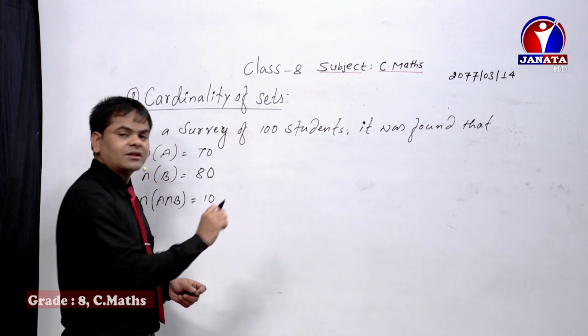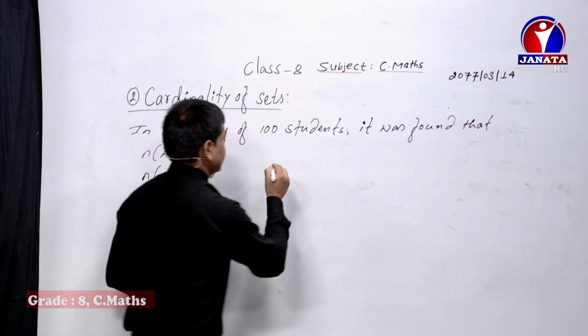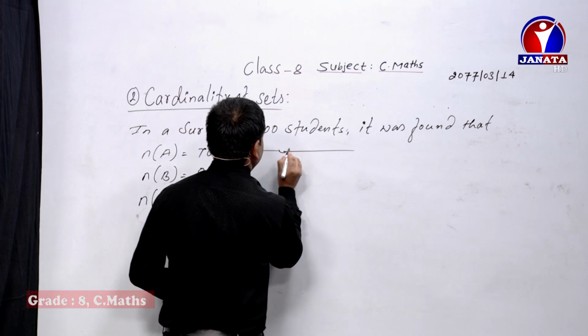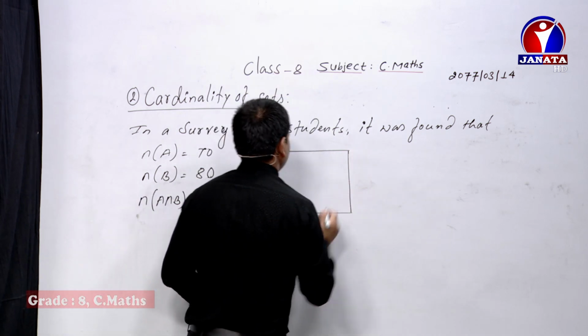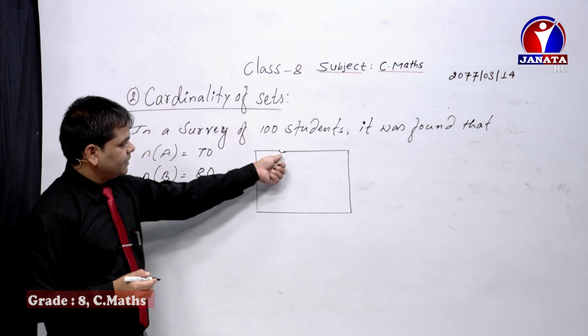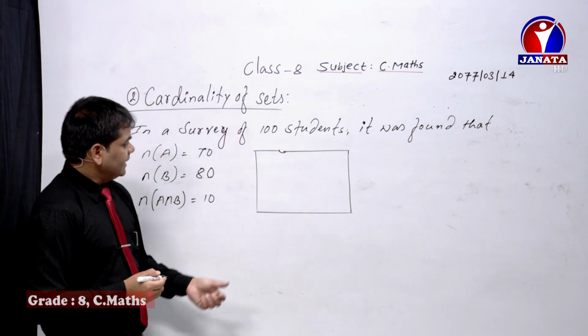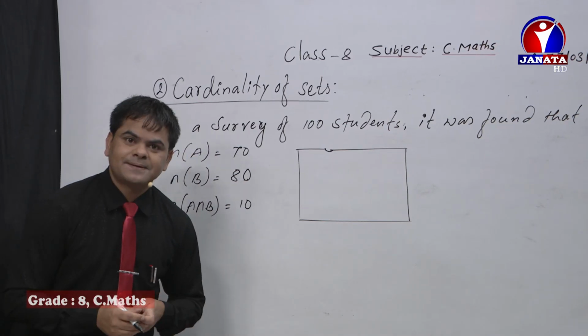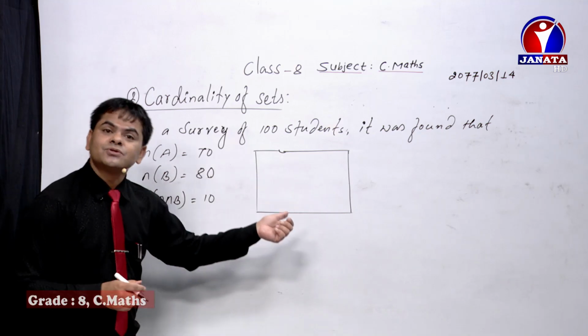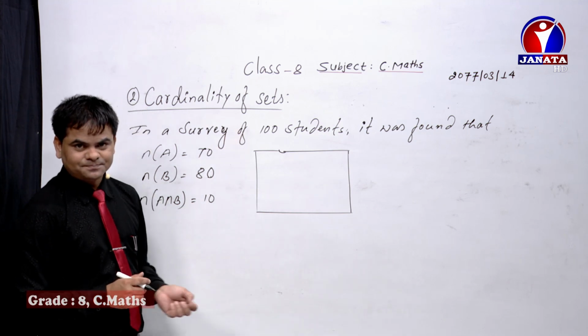We write all these things, and then you need to prepare the Venn diagram. While preparing the Venn diagram, we should not forget to keep the universal set in here. Then, as this information is related to 2 subsets, let's prepare 2 circles inside the Venn diagram.